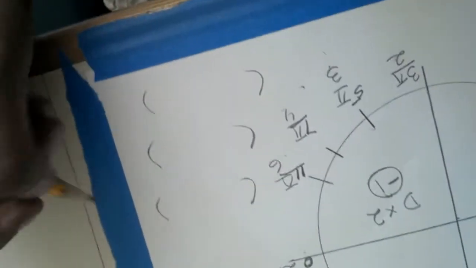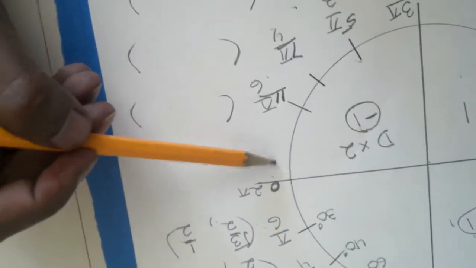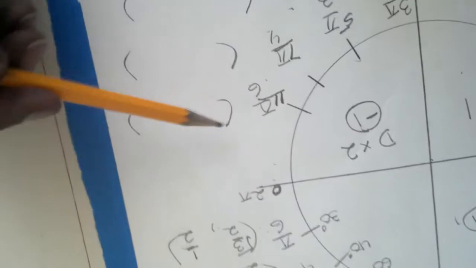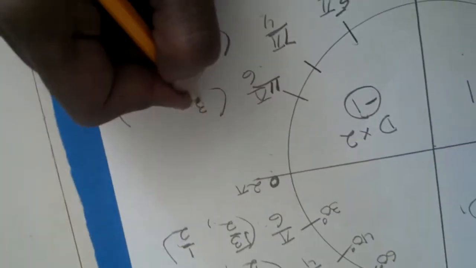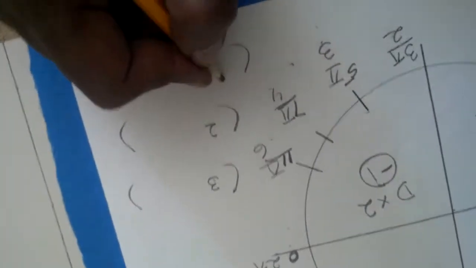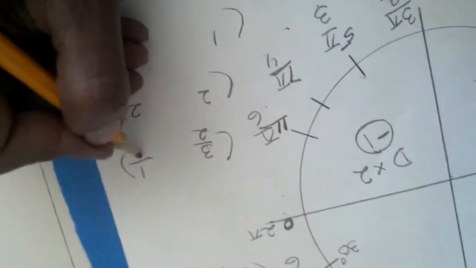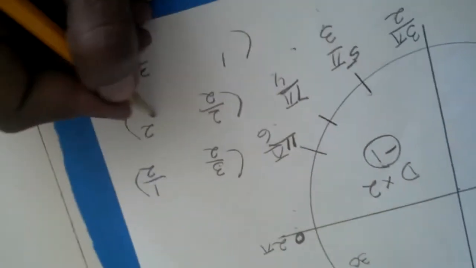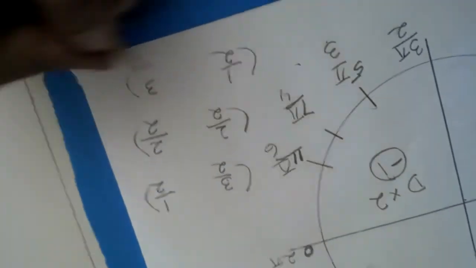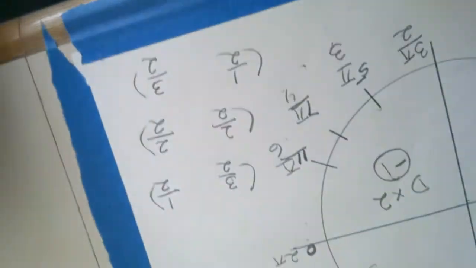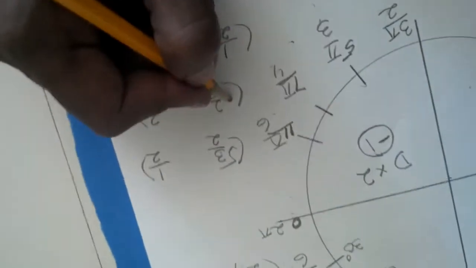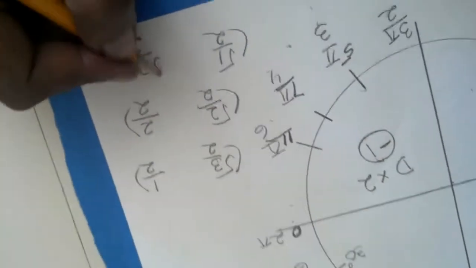Alright, but since we're starting below the x-axis, this time we're going to start with 3, 2, 1, 3, 2, 1. And our denominator is still 2. Square root all the numerators.